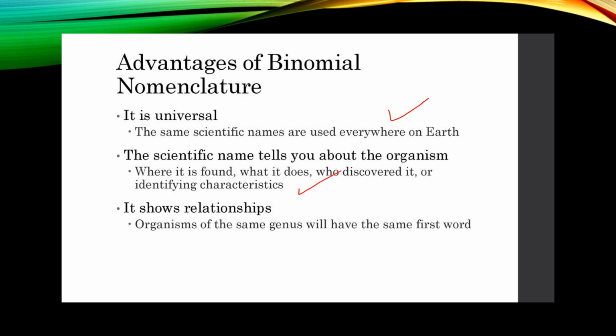It shows the phylogenetic relationship between different generations, or you can say it gives us an idea about the evolutionary history of the organism. It helps us understand the relationship between organisms and groups of organisms. At the same time, there is no confusion and it is not uncertain the way local or vernacular names are.